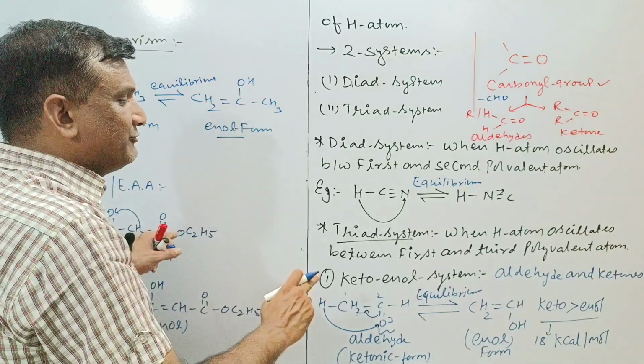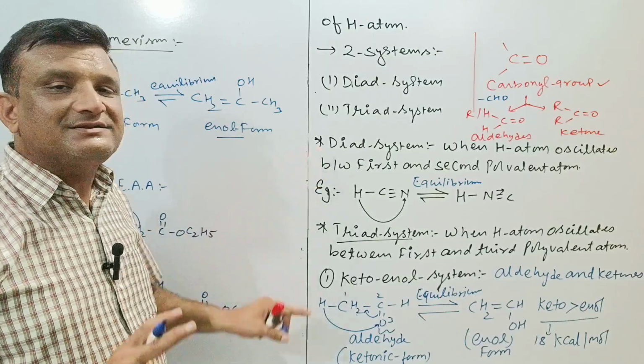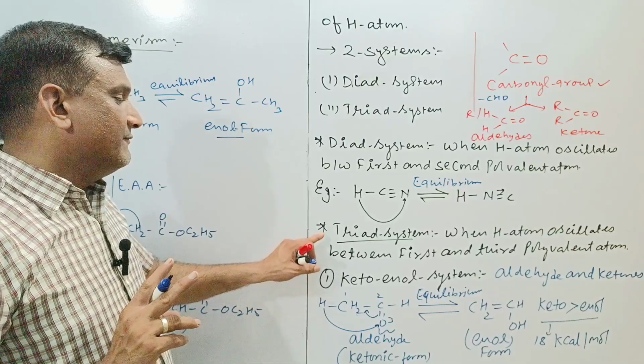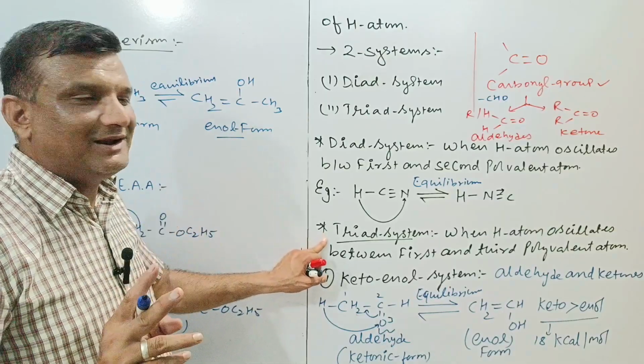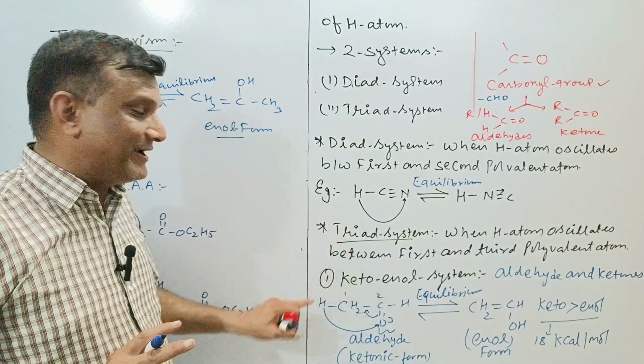Regarding it, there are two systems, dyad and triad. In the dyad system, there is oscillation of a hydrogen atom between two atoms. Whenever the oscillation of a hydrogen atom is between the first and third atom, as a polyvalent atom, that is called a triad system.